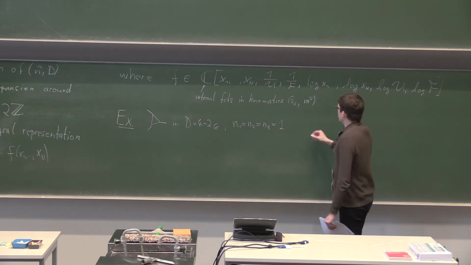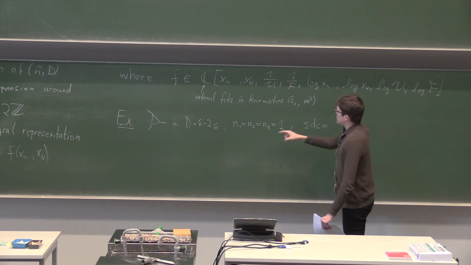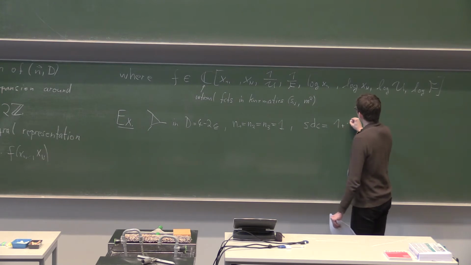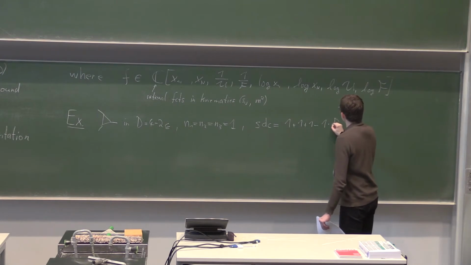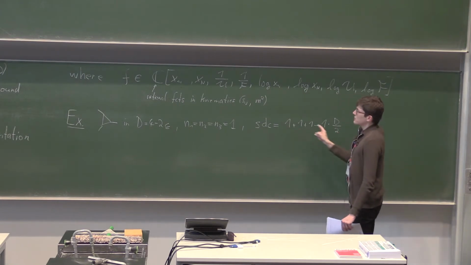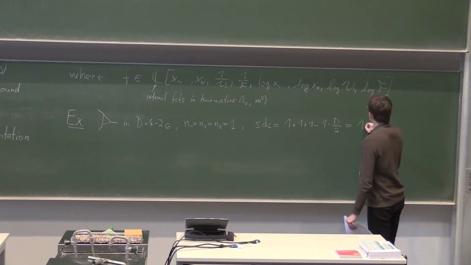And let's say we want to expand around 4, so we just want the small epsilon Laurent series of this. Well, remember we had the superficial degree of convergence, which is the sum of the exponents. So it is 1 plus 1 plus 1, and then we have one loop times d over 2. So if you work out what this is, 2 minus epsilon. So the whole thing is 1 plus epsilon.